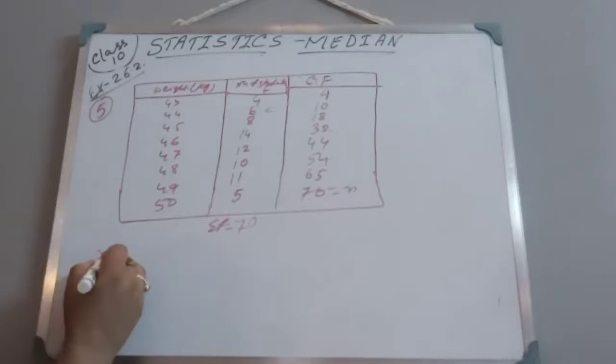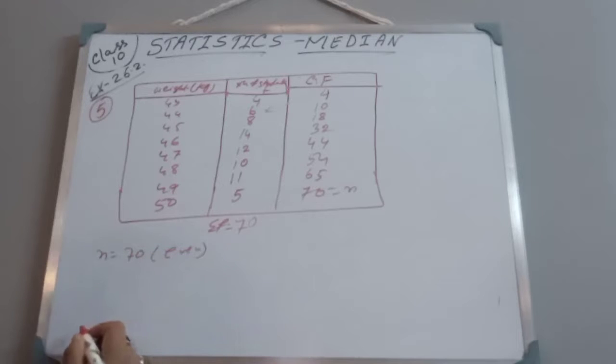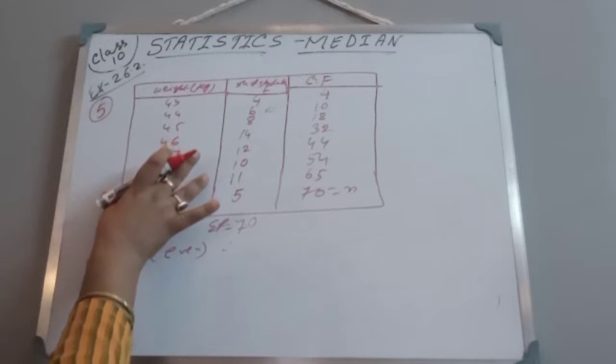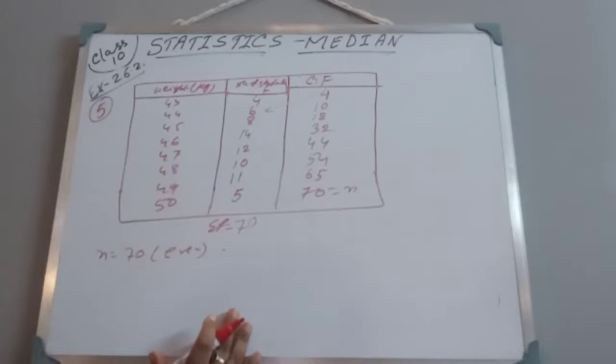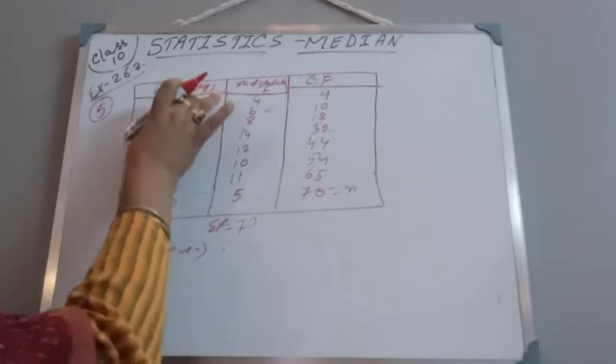As n is equal to 70, which is an even number, what will be the median? Group formation is not done here, so we will not follow the formula L plus (n by 2 minus CF) by F into A. We will not use this formula right now, as only the weight is given.